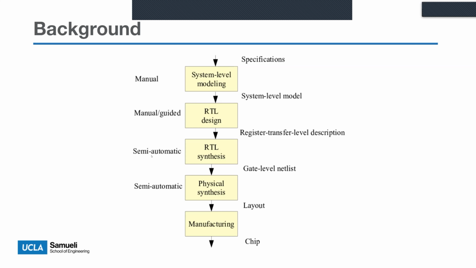Those steps are passed to the software, and that means it is semi-automatic. After all these steps, you will have your complete hardware design, and you can send it to manufacturers like NVIDIA and so on to make your chip real. I think maybe 3 to 6 months until your chip is produced.